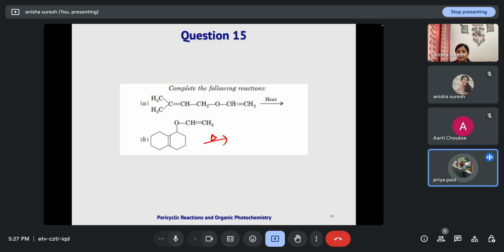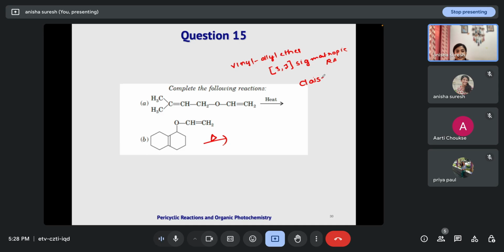First one, it will undergo 3,3 sigmatropic. You can see this is a vinyl allyl ether. So vinyl allyl ether, it can undergo a 3,3 sigmatropic rearrangement, that is a Claisen rearrangement. If we specifically tell, it will undergo a Claisen rearrangement.